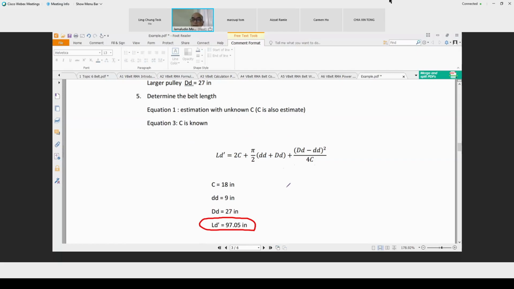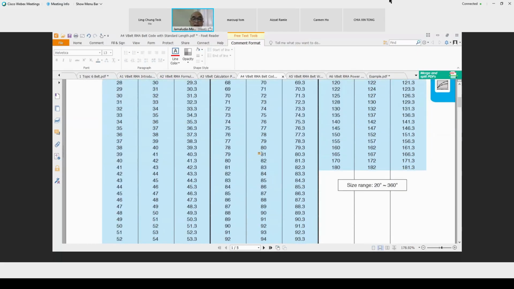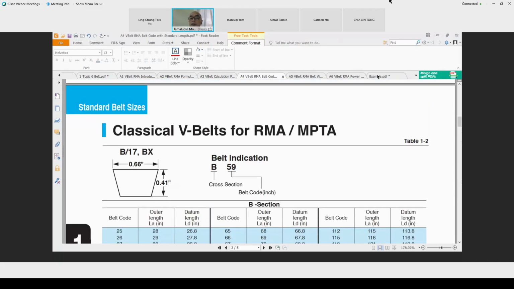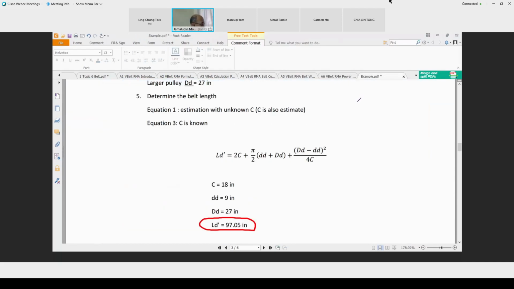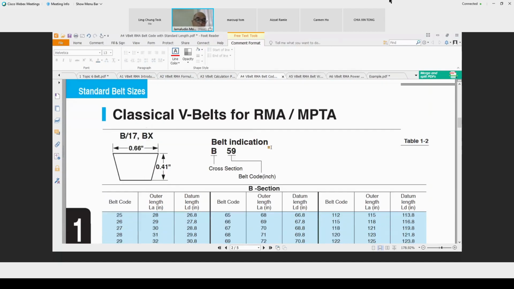Based on that value, we can select the belt type. Remember this is the C type. Just remember the value, 97.05. Right? Now we go to number 4. You choose the type of belt that we want to have.